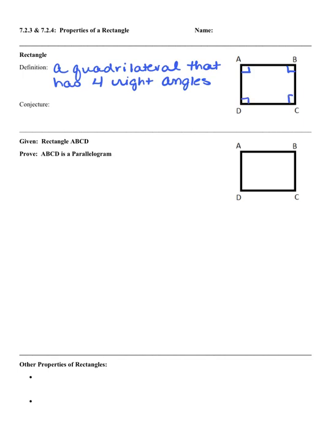Notice that the definition of a rectangle does not say anything about opposite sides being congruent or parallel to each other. Those are properties that we need to prove. And the way that we can easily prove those to be true is by showing that all rectangles are parallelograms.